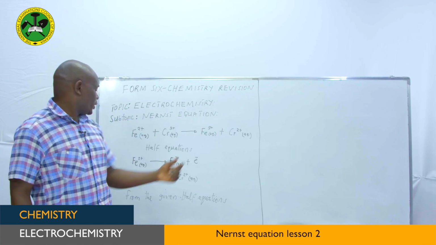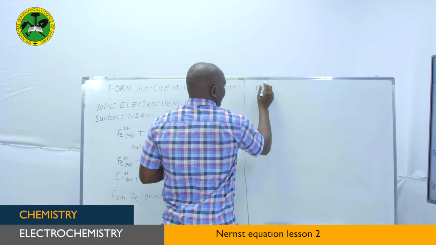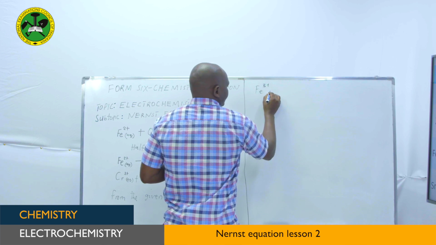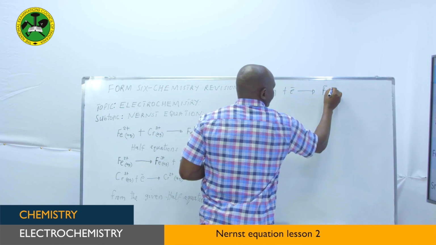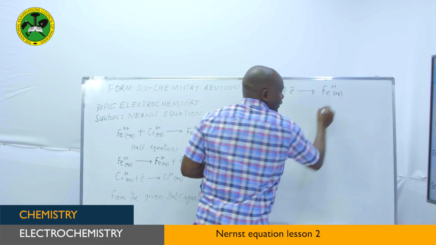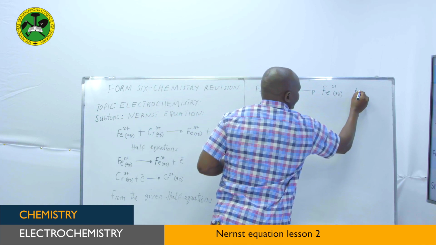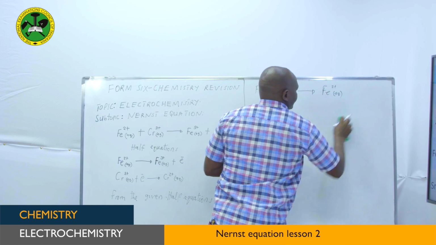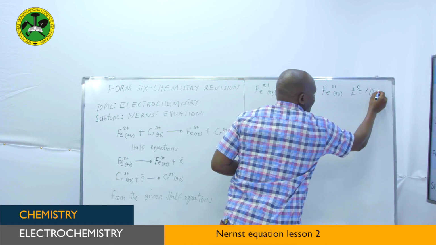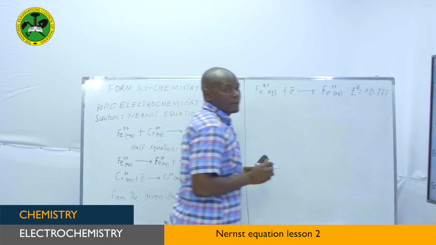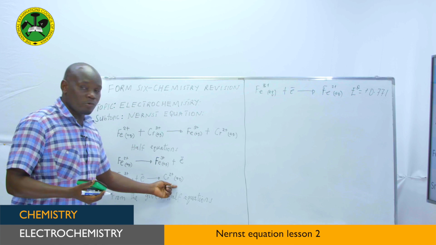But our given half equation for iron is from iron 3 plus electron to iron 2 aqueous, and its standard electrode potential is positive 0.771, and our second half equation is chromium 3 to chromium 2.